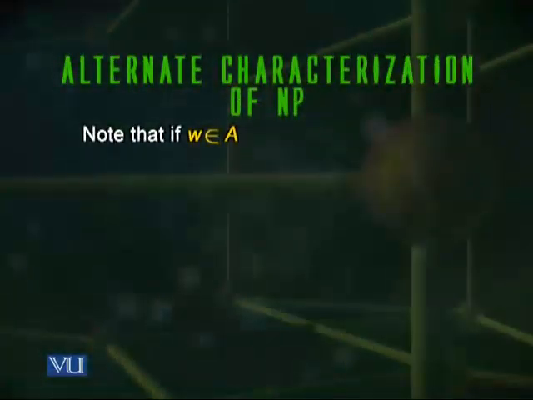Note that the verification algorithm is a deterministic algorithm. It is not a non-deterministic algorithm. That is because we are actually specifying a whole branch, and this verification algorithm will only follow one branch of the non-deterministic algorithm. Therefore, it is a deterministic algorithm that verifies if W is in A.